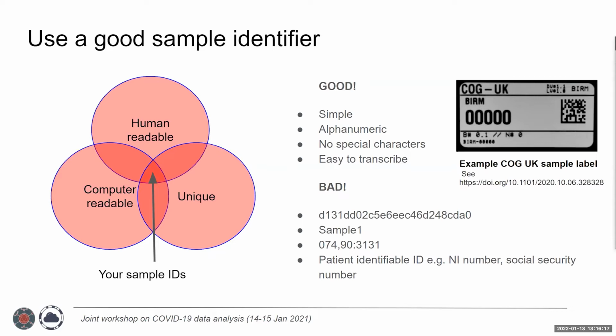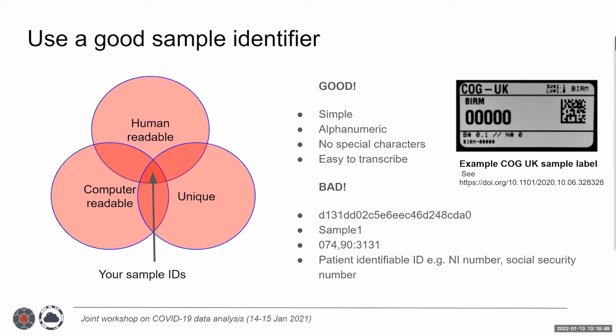The critical thing is it shouldn't be patient identifiable, and that might mean that, as a matter of habit, you take whatever identifier you've been sent and just give it your own one, just to make sure that it is truly anonymous. But other than that, you want an identifier that's simple, ideally alphanumeric, so it's easily readable by a computer. You don't want strange characters in it, and you want something that's easy to describe, something you can talk to another human being about without causing confusion.